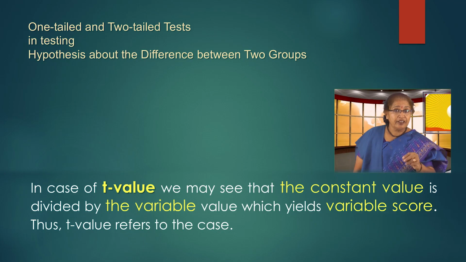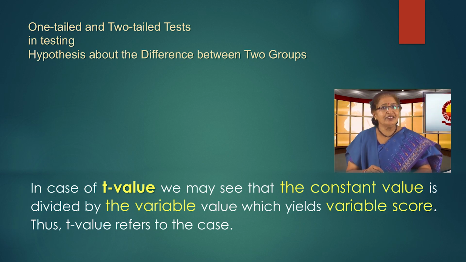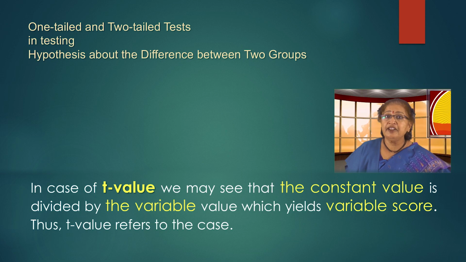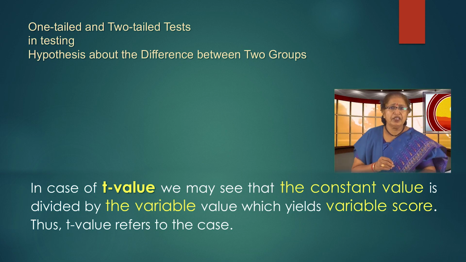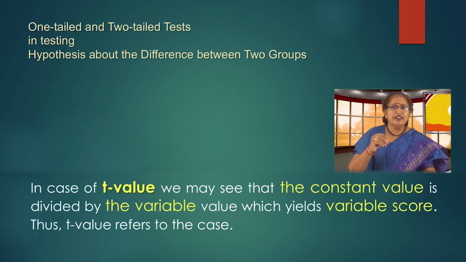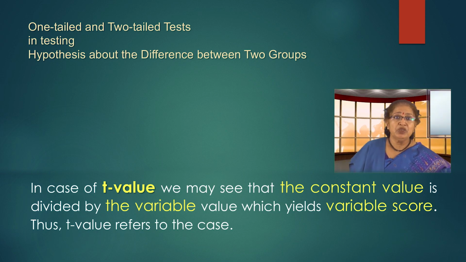On the other hand, when we do not know the value of the population standard deviation, then we use the standard error of that statistic in place of the population standard deviation. Contrary to the population standard deviation, the standard error of that statistic varies from one random sample to another.